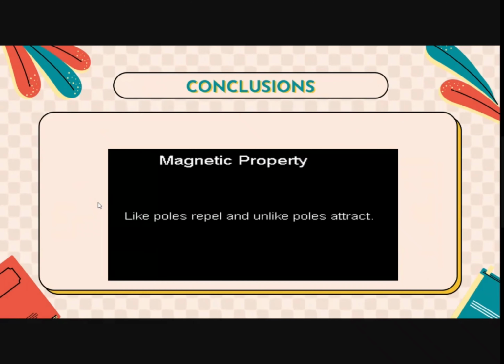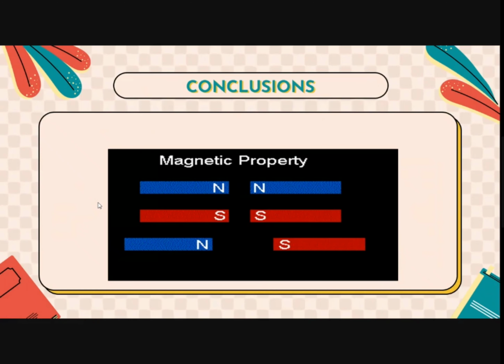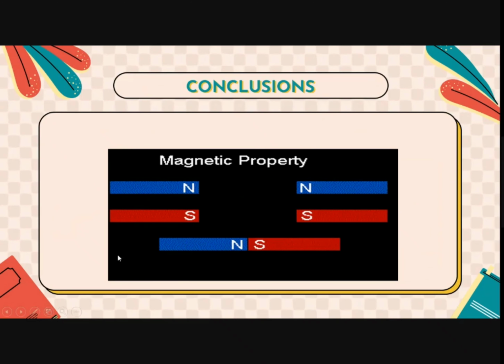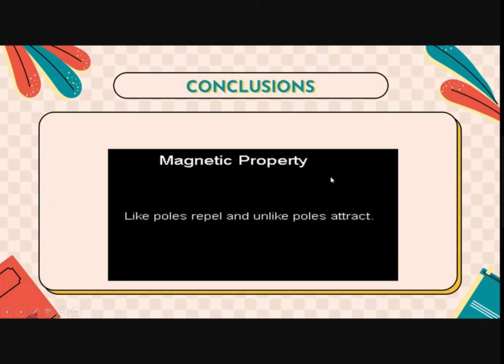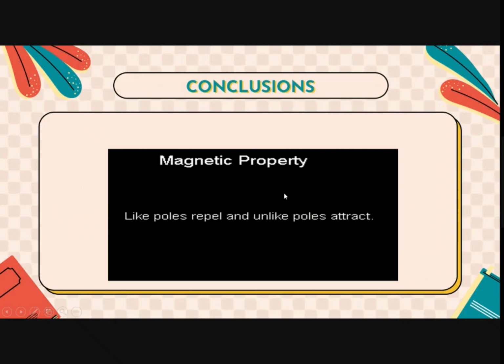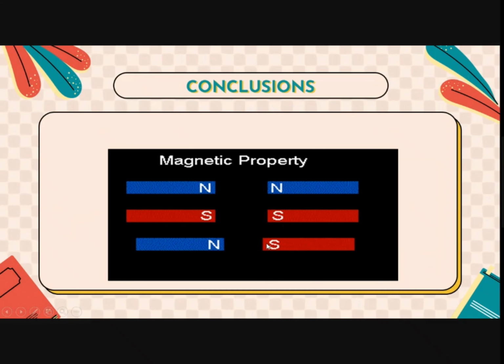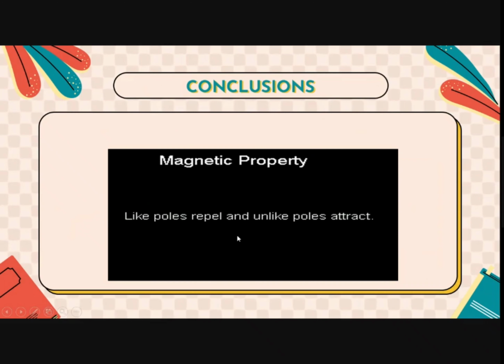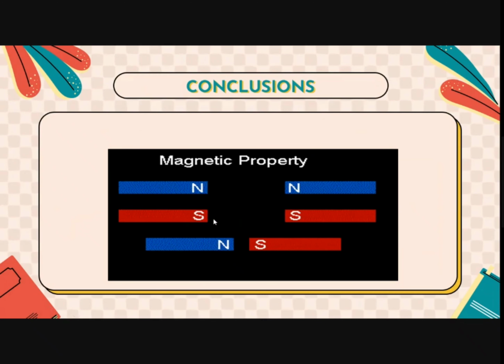Now, students, we all know about magnets, right? A magnet has two poles. If you can see this picture over here, the two like poles of a magnet are repelling each other, whereas the two unlike poles of the magnet are attracting each other. Correct? So, he used the same principle over here.